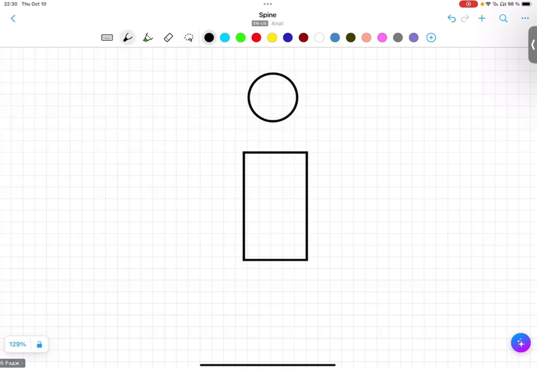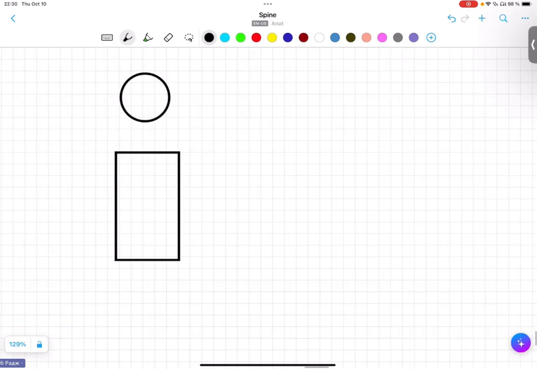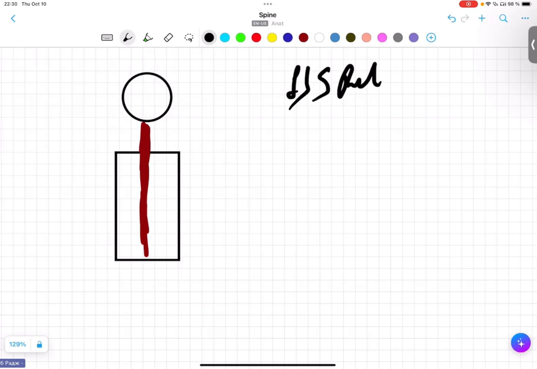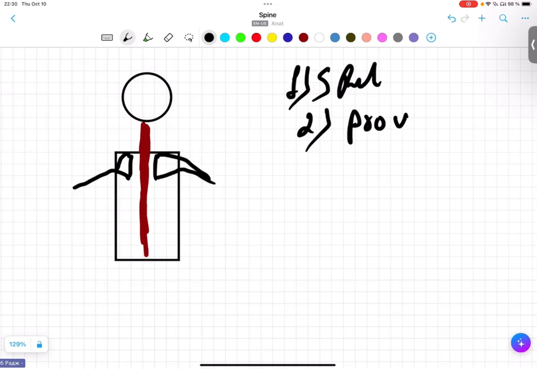Yes. So see, first of all, let's draw our spine. Can you see that your head is resting over the vertebrae, the spine? So the first function is that your skull will rest over it. Second, it provides attachment to the upper limb with the help of muscles.